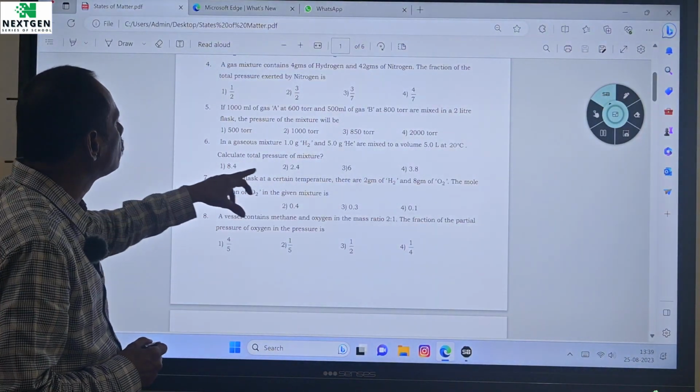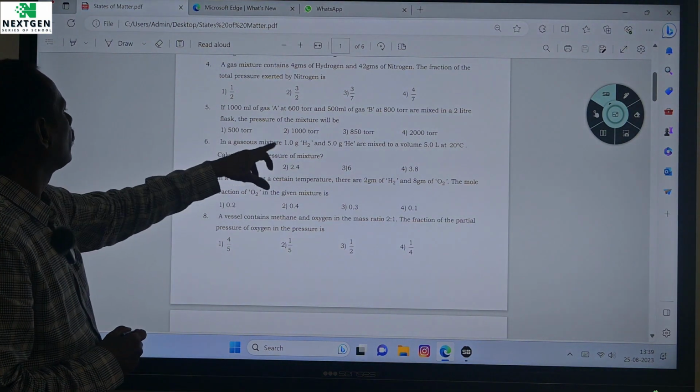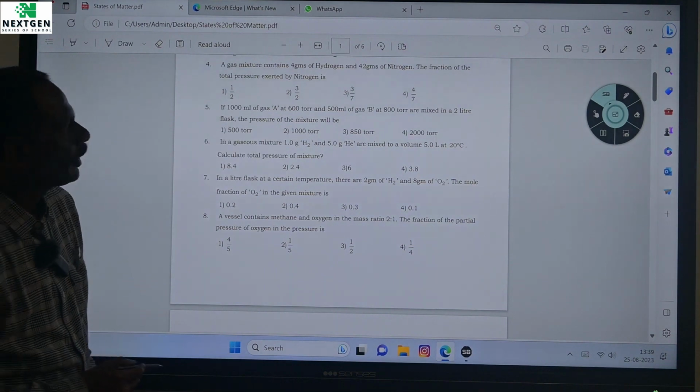Ready? Fifth one, 500 torrs is the answer.